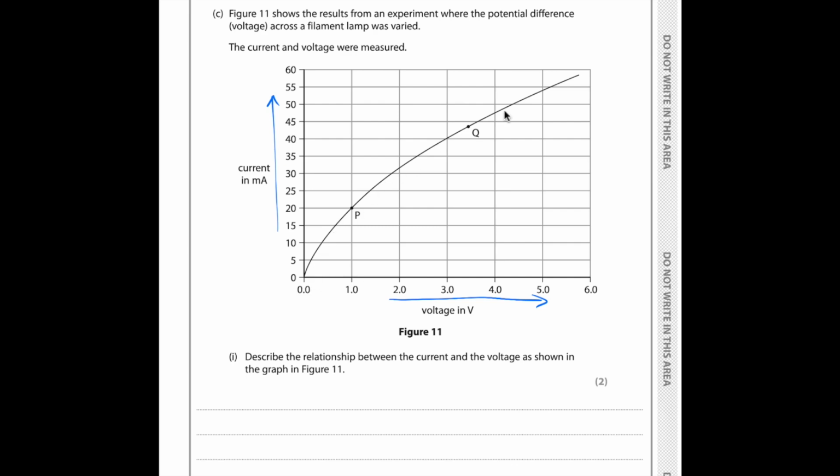And because it's a curve, we say it's non-linear. If it was a straight line, you would say it was linear. And if it was a straight line through the origin 0, 0, you'd say it was directly proportional.